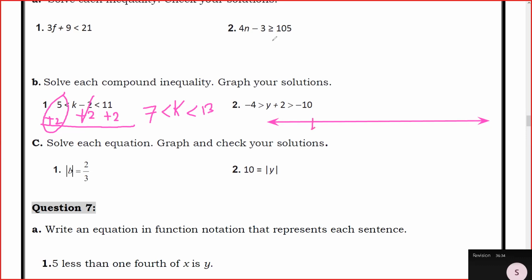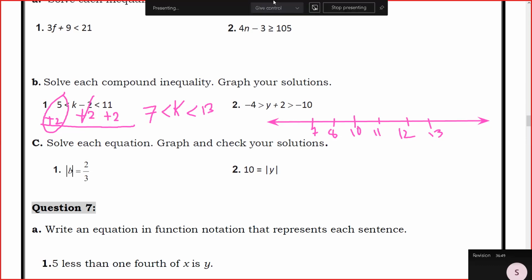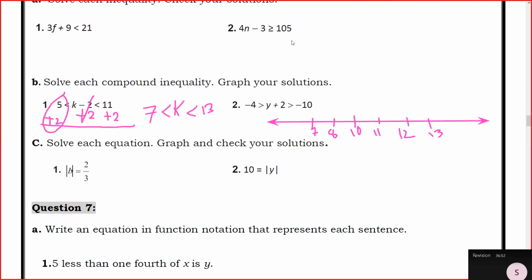7, 8. Here we have 7 and 13. So we start from 7 and end at 13. And k's solution is between 7 and 13. Since there's no equal sign, I will draw an open circle above 7 and an open circle above 13.